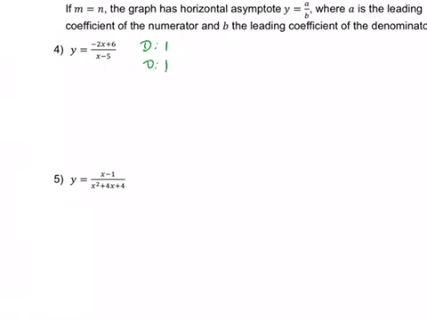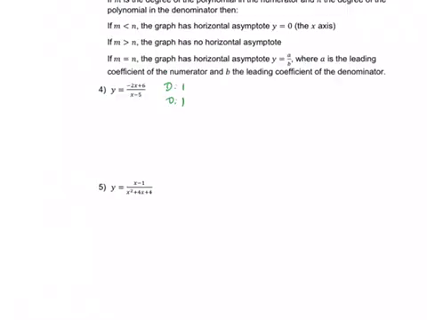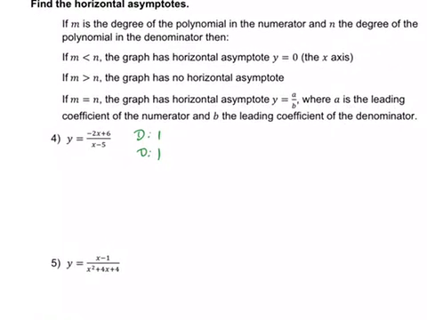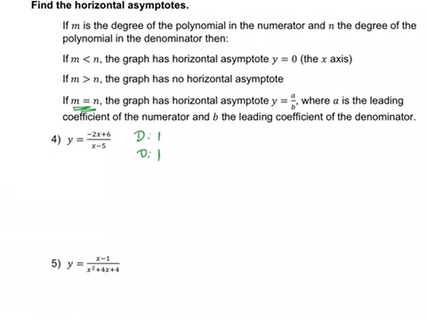So when the degrees are the same, it's telling you that the asymptote is the division of the leading coefficients. So in this case, my horizontal asymptote is y equals negative 2 over 1, that is negative 2. Why? Because the leading coefficient on the numerator is negative 2 and the denominator is 1.